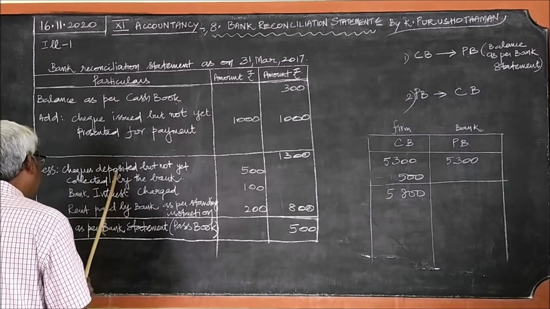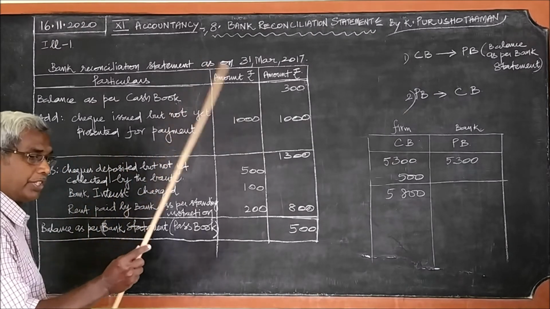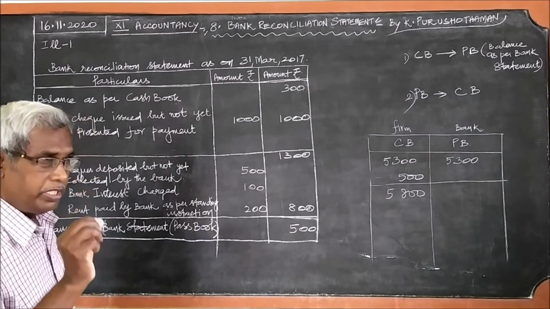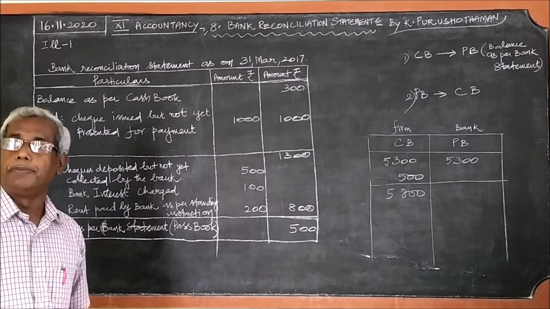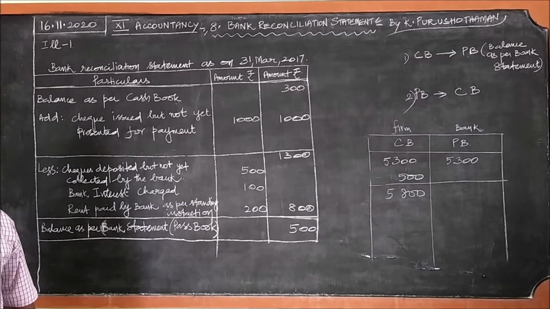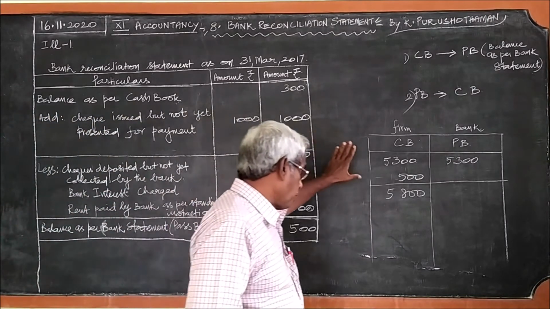These two words carry so much meaning. What do you mean by checks deposited? The checks given by third parties are collected and the entries are passed in the cash book.